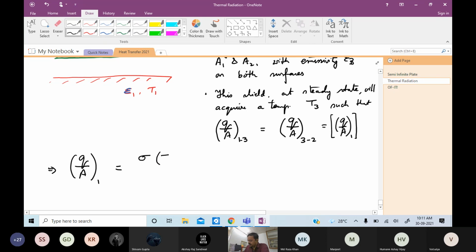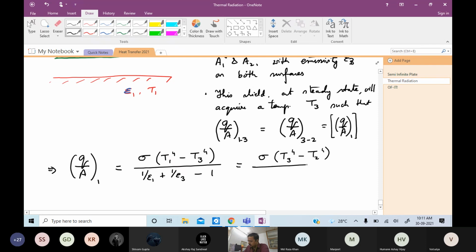Sigma times T1 to the power 4 minus T3 to the power 4, divided by 1 over epsilon 1 plus 1 over epsilon 3 minus 1. Agree? And that is also equal to sigma times T3 to the power 4 minus T2 to the power 4, divided by 1 over epsilon 3 plus 1 over epsilon 2 minus 1.